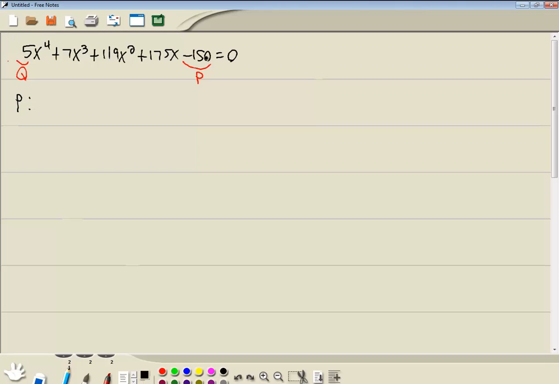Well, we're going to write down all the products that give us 150. We got 1 times 150. We got 2 times 75. We got 3 times 50.